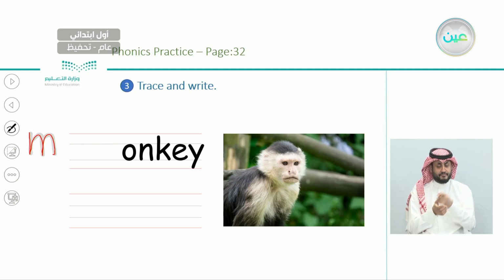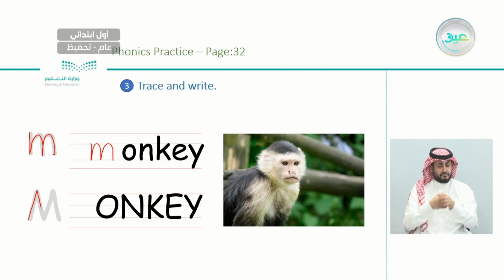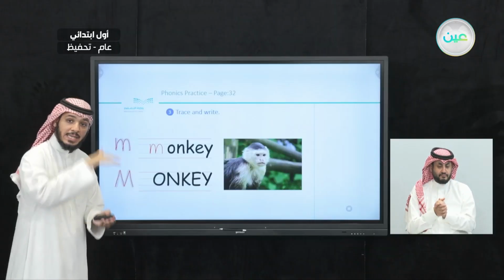Between number 2 and 3, we will write the letter M like this. Now monkey again, but in capital. From down to up, down, up, down. So this is M in capital.